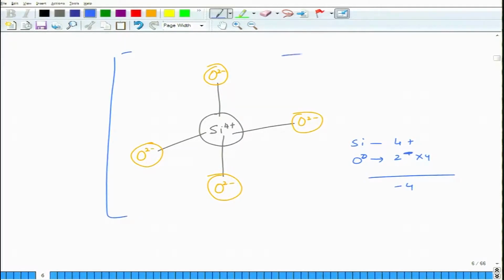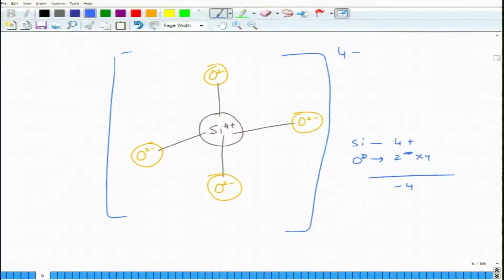So, if you now make this a unit, this unit will have 4 minus charge, which means that tetrahedra cannot survive on its own, it has to connect with other tetrahedras or something else to neutralize the charge, so that it becomes charge neutral. So basically you can say it is electrically unbalanced.